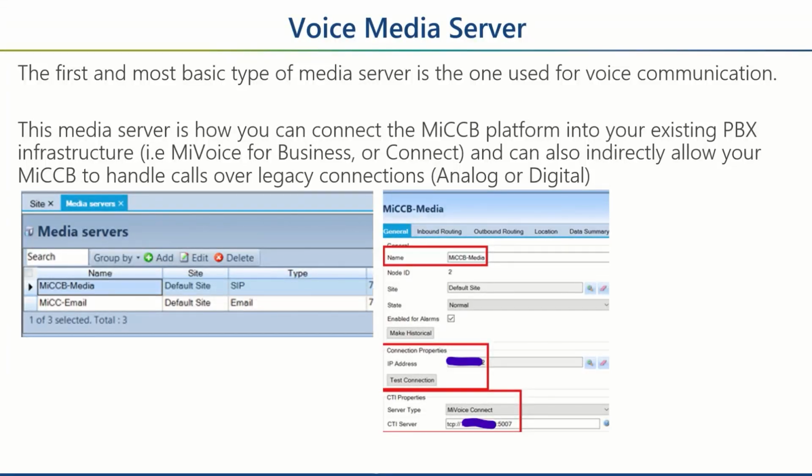Once the voice media server is created and the connection is established, voice calls can be directed from your particular PBX into the MiCCB, which will then match the media server that you've created to that incoming connection. And at that point, the MiCCB's routing will take over and deliver the interaction to where it needs to go.